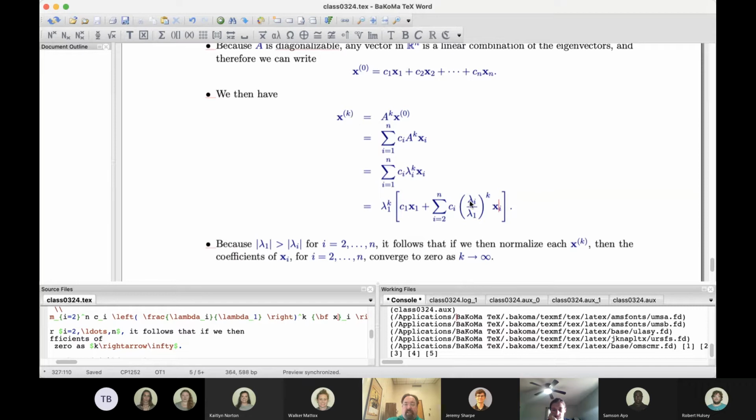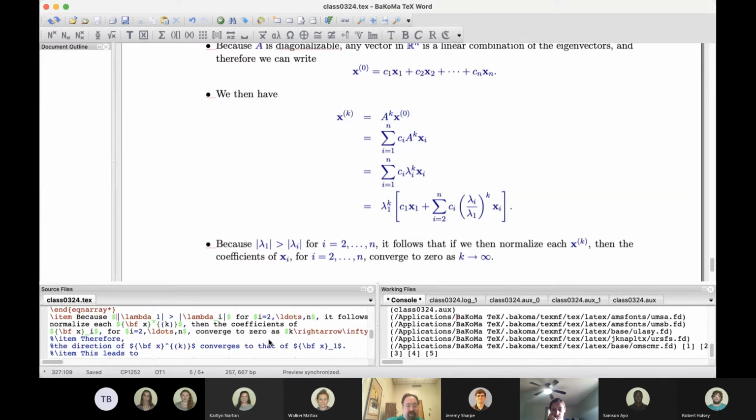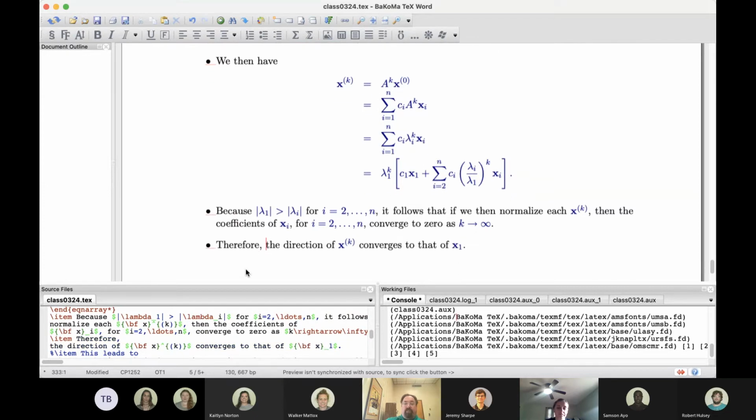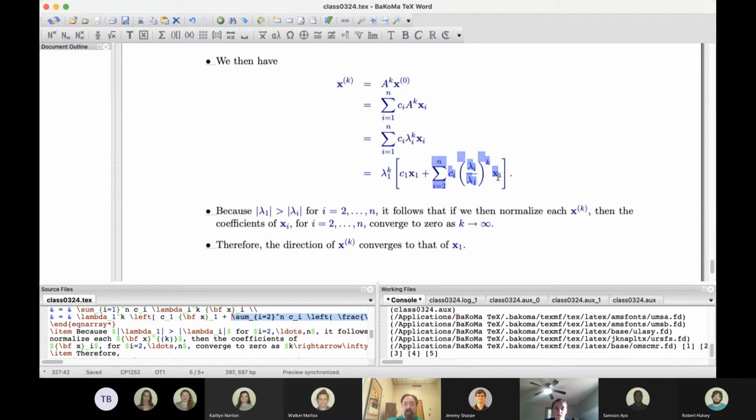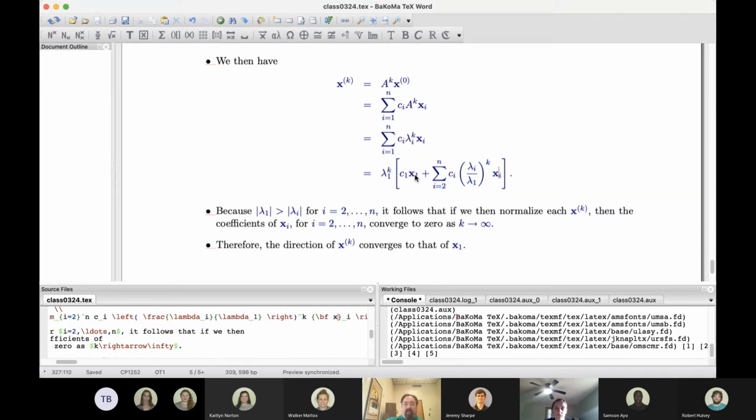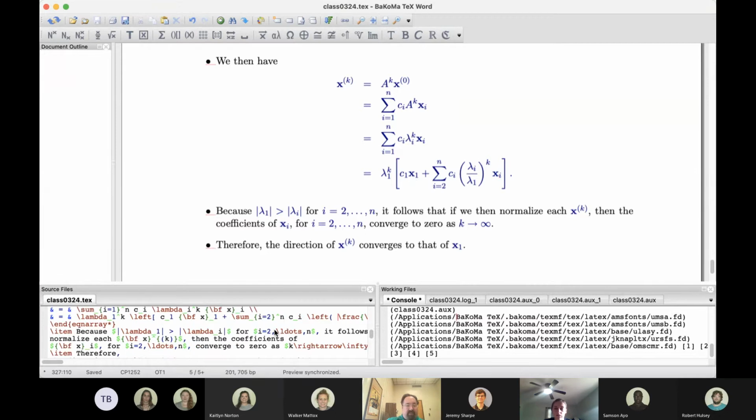As k goes to infinity, these coefficients of the other eigenvectors are going to 0. So as I keep multiplying by A, the direction of this vector converges to that of x1, because this part will converge to completely going away. And so what's left is a scalar multiple of x1.